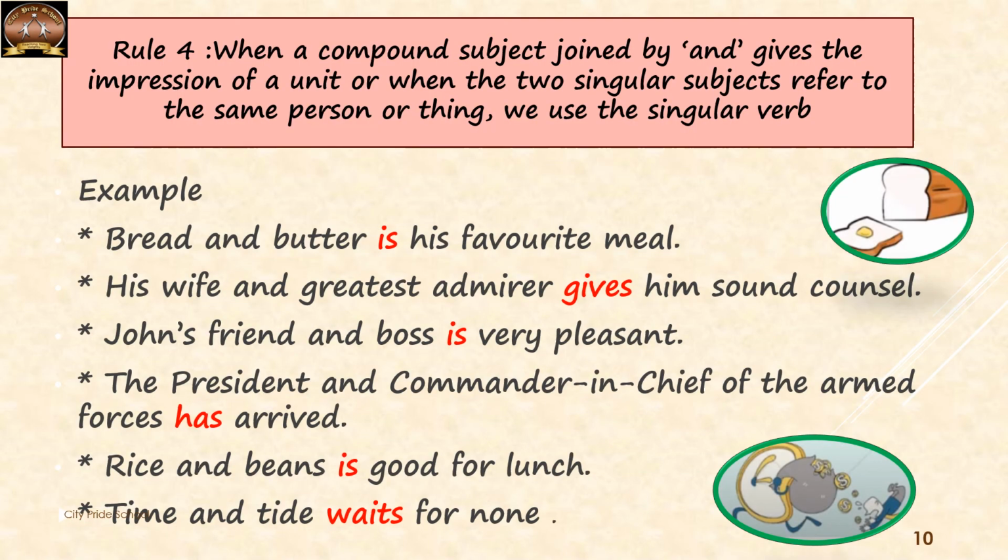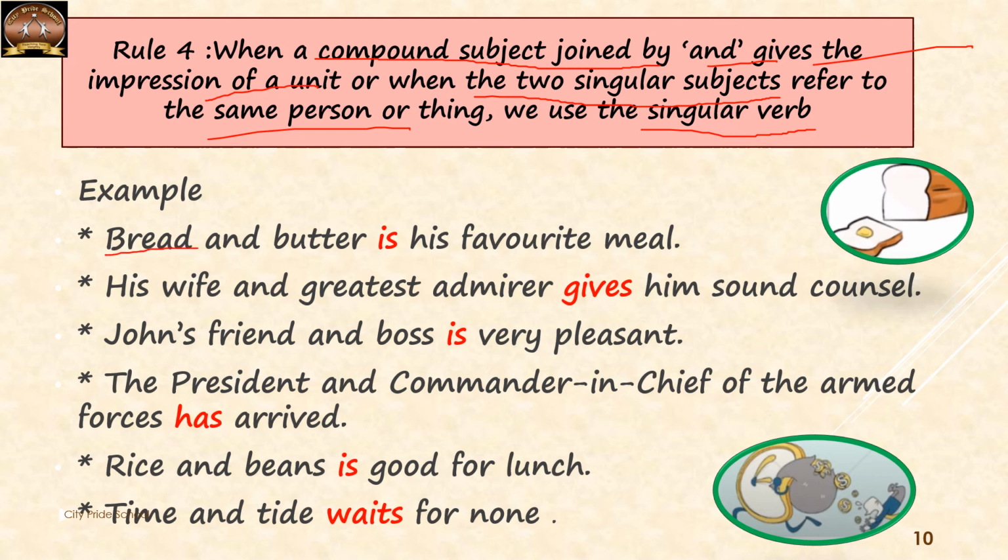Rule 4. A compound subject joined by and gives the impression of a unit, or when two singular subjects refer to the same person or thing, then we must use a singular verb. Let's understand with an example.